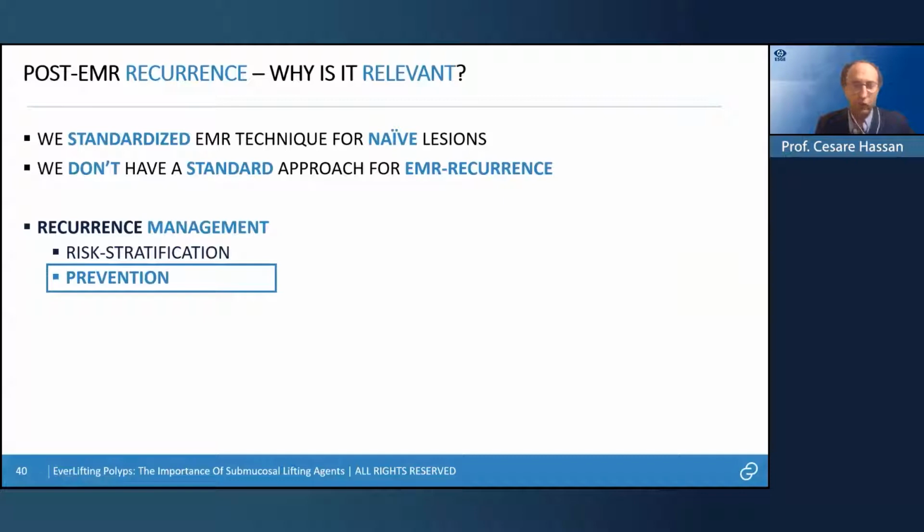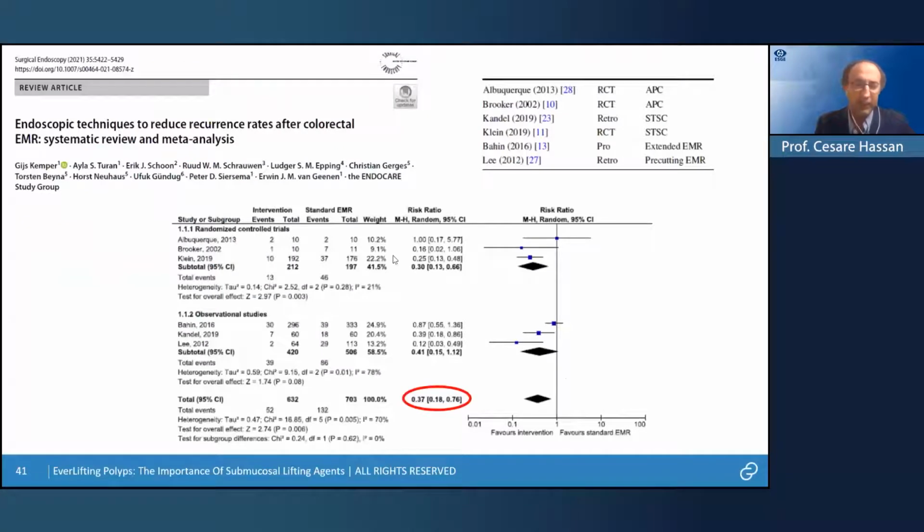Secondly, we need to prevent. I guess that Doug has very nice videos, so I will go quite quickly. After you do an EMR, you can do some thermal ablation on the margin of the defect. It may be tip snare coagulation, it may be APC.